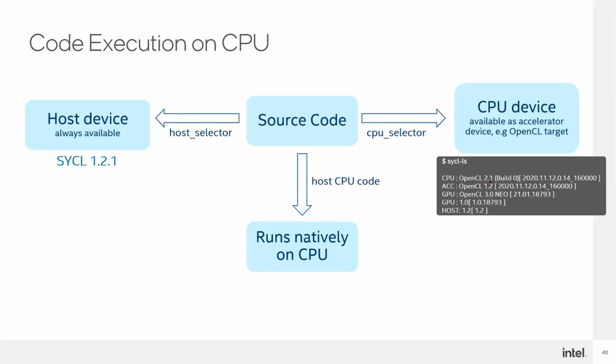We are doing a lot of performance tests with the CPU selector, on how well DPC++ kernels run on CPU versus, let's say, native oneAPI or native TBB. And I would say that we do have really good performance numbers. Of course it is slower, but the slowdown is really small, like a few percent, 5%, and so on. But it definitely depends on the workload and the kernel code.